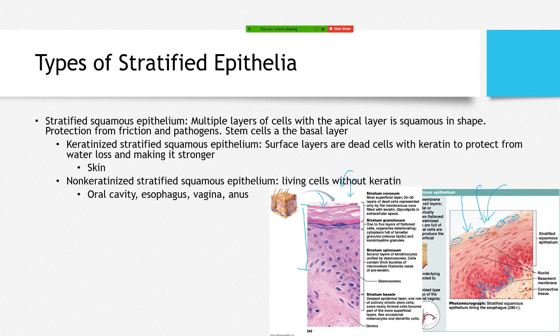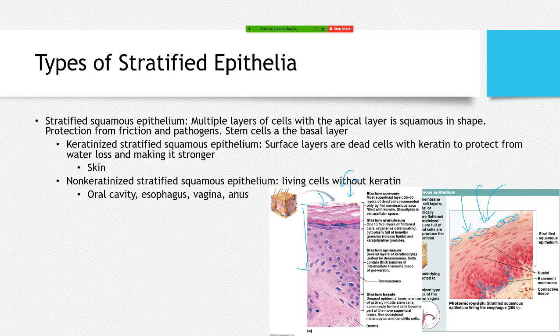Yeah, it's going to be the food that you eat, right? I'm sure all of us have eaten potato chips or Captain Crunch or something like that. It scrapes your mouth. This helps protect against that scraping because food is rather dry, and so it's going to cause abrasions. Same thing within the esophagus.